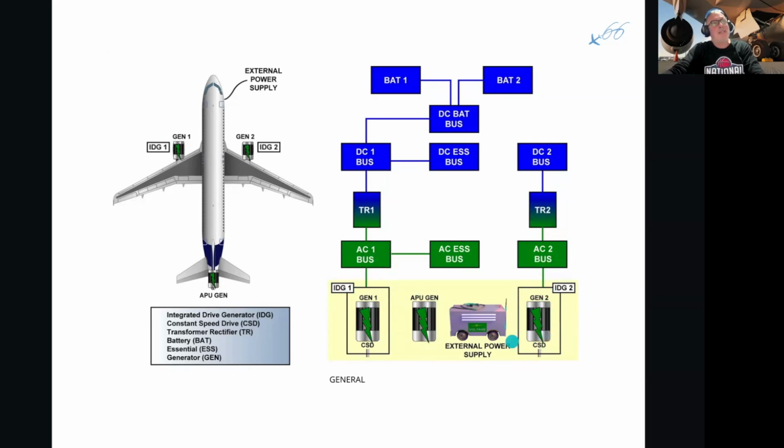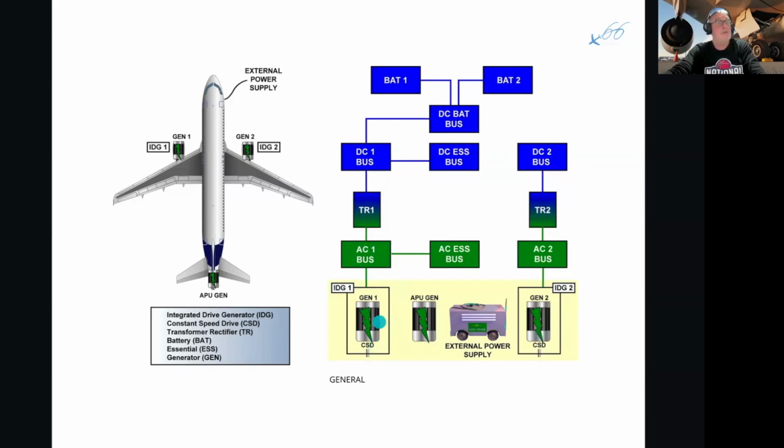Now, I've produced AC, and I feed my AC to AC bus 1, which will go to transformer rectifier number 1, and AC bus 2 will go to transformer rectifier number 2. What goes in a transformer rectifier? AC goes in and DC comes out. So it's a very logical arrangement, very easy to remember.